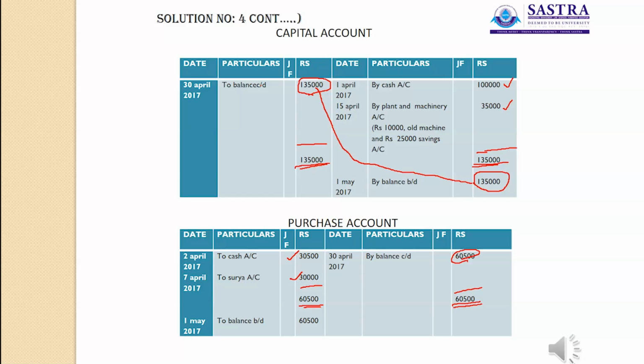So the total is 60,500, the balance amount is 60,500. So 30th April 2017, by balance carried on 60,500. This amount is transferred to the next month, 1st May 2017, to balance brought down 60,500.